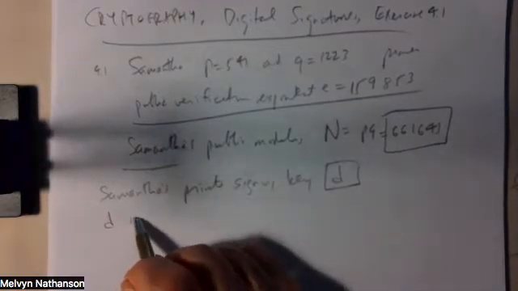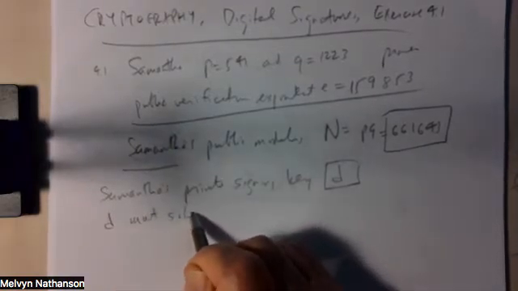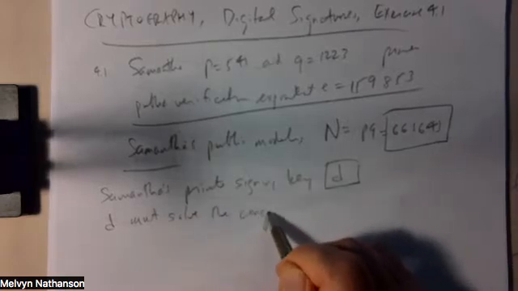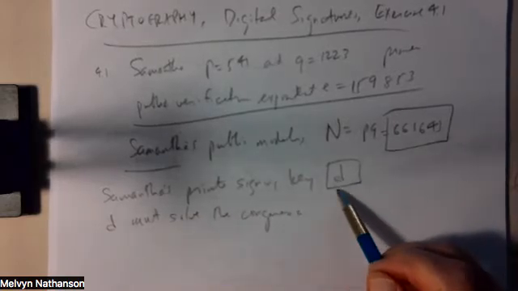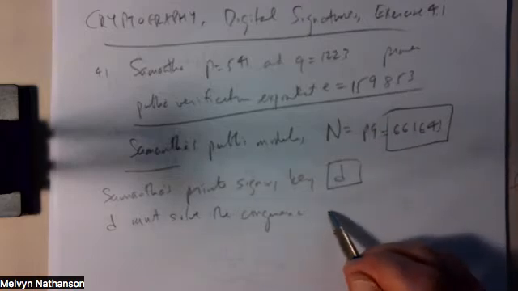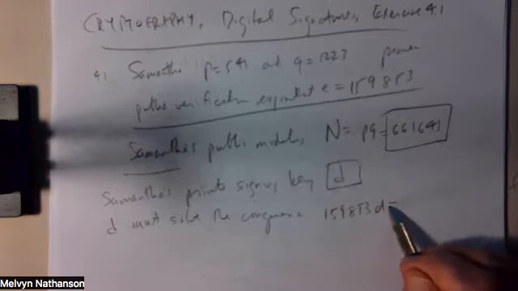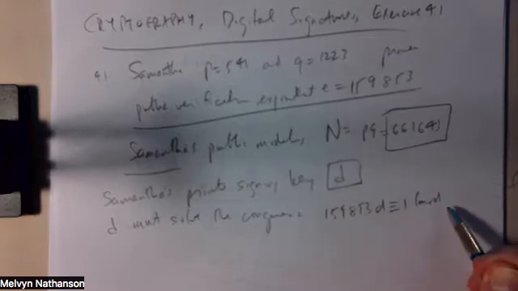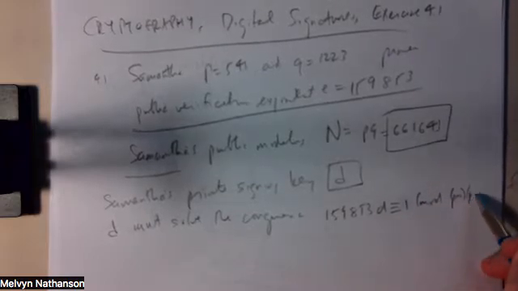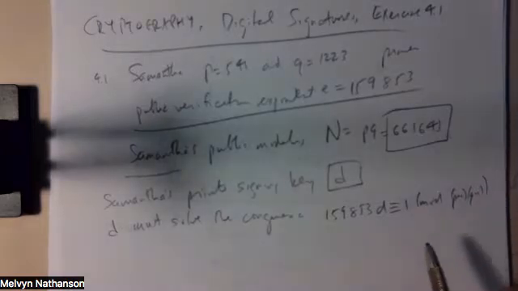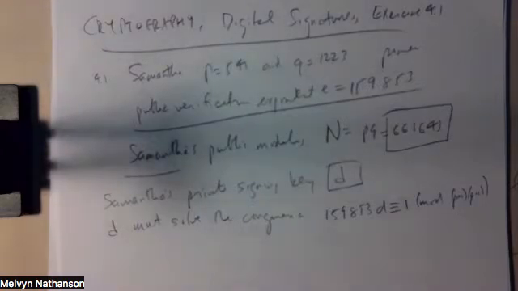So D must solve the congruence D times E, what is E? 159,853 times D, congruent to 1 modulo (P minus 1)(Q minus 1). What is (P minus 1)(Q minus 1)? So you have to do the arithmetic.